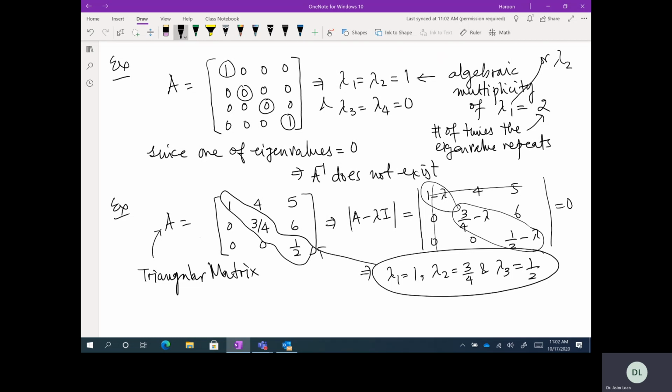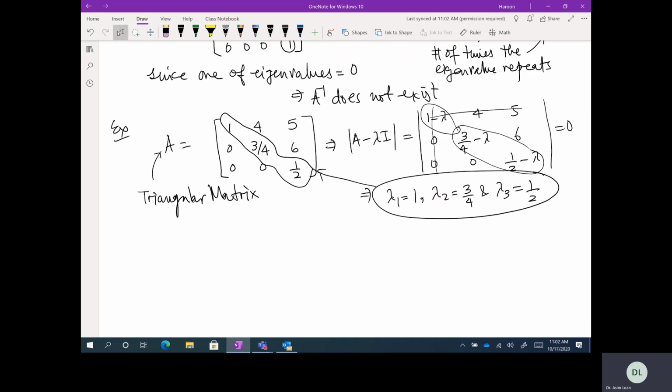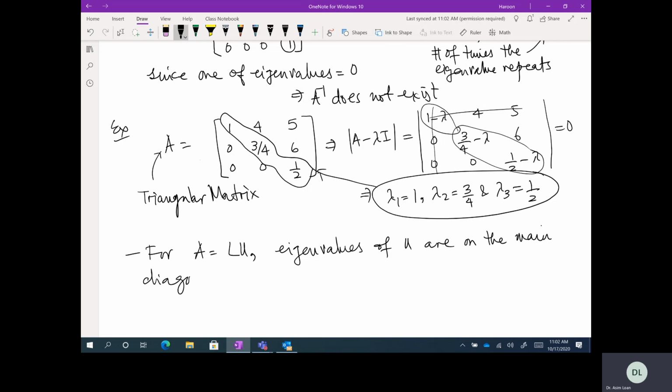Before I end, just a note of caution: for A equals LU, the eigenvalues of U are on the main diagonal, because U is an upper triangular matrix.